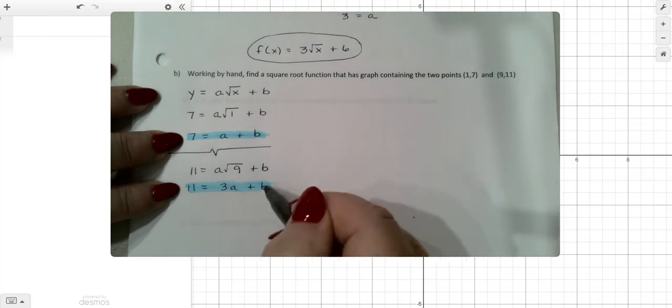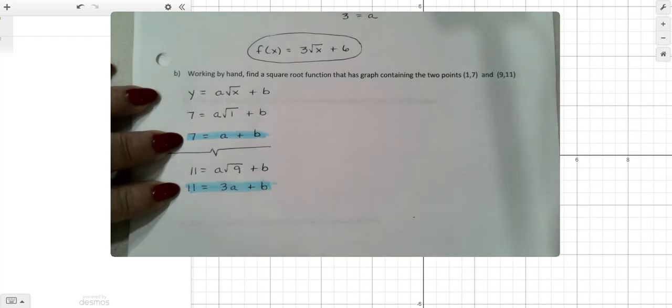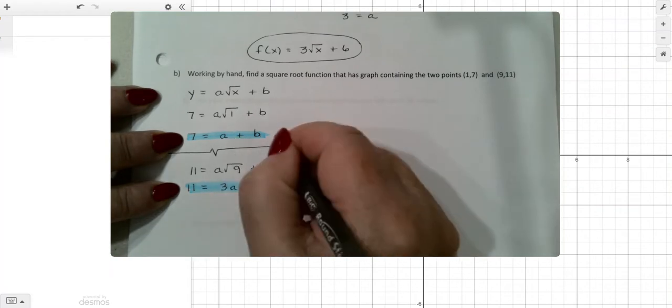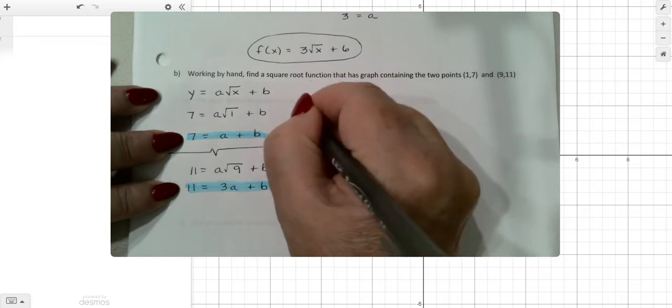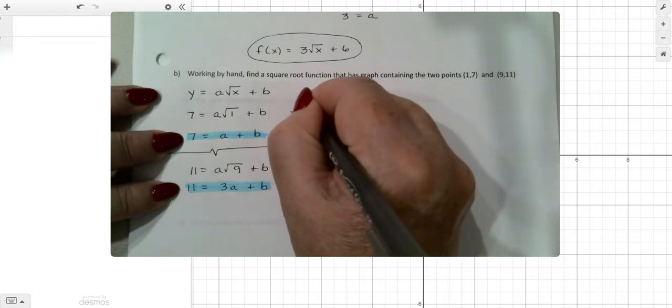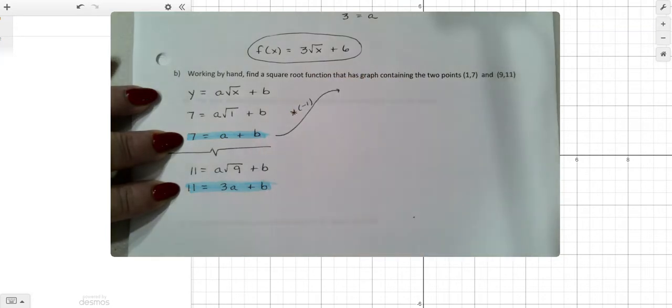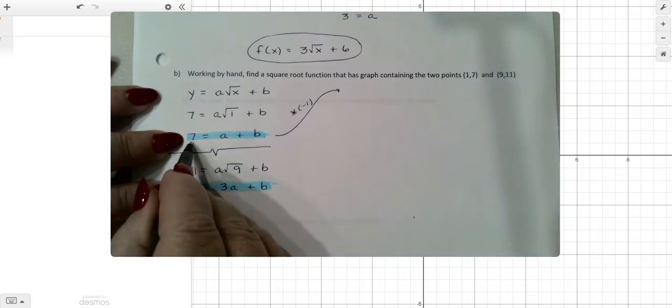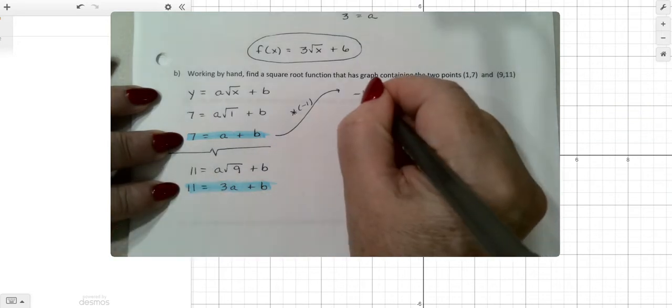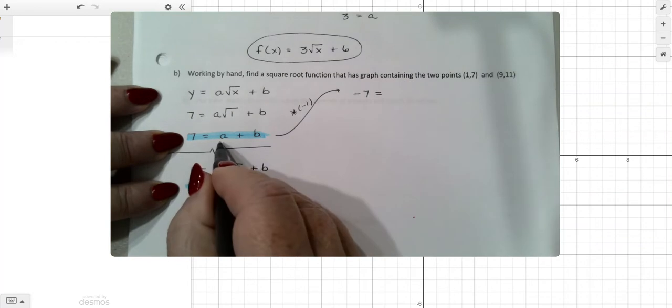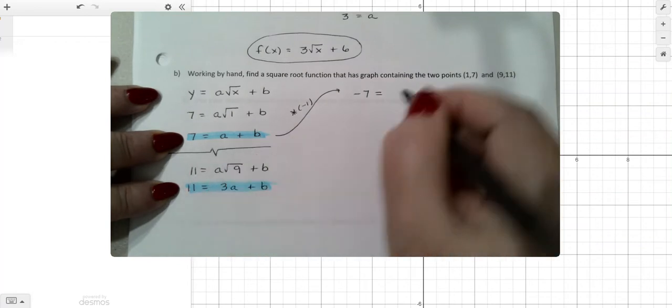It's not too difficult to get the b's to cancel out. I would just need to multiply one of the equations by -1. I'm going to choose this first one, so I'm going to multiply both sides by -1. It's going to make this -7 equals minus a minus b.